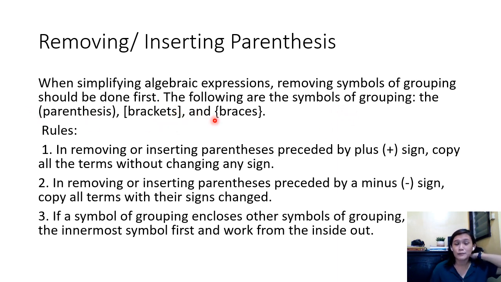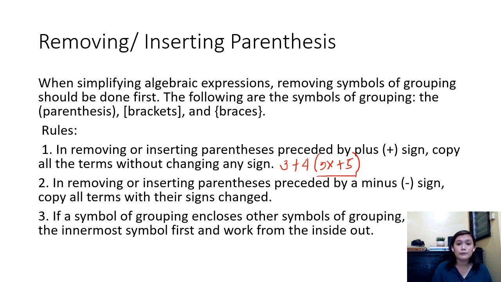Braces are the last, the outermost. So, in removing or inserting parentheses preceded by a plus sign, if you have a plus sign, just copy all the terms without changing any sign. For example, we have here 3 plus 4 times the quantity 3x plus 5. So you have your parentheses here, and inside, 3x plus 5.